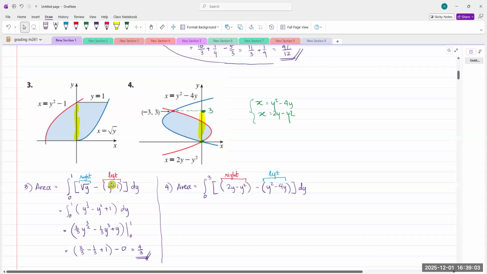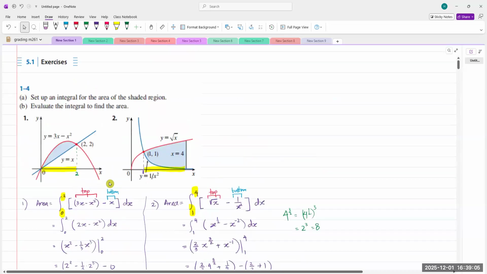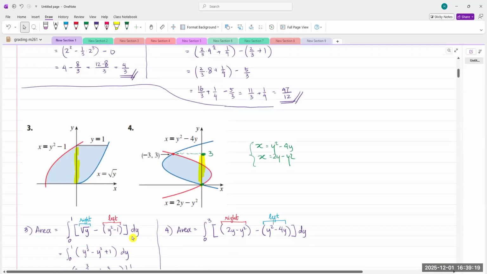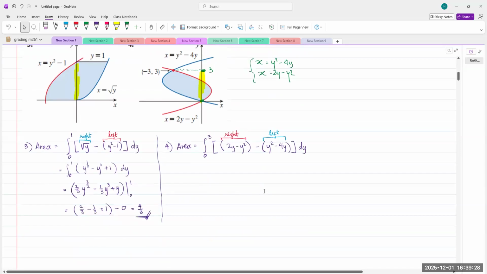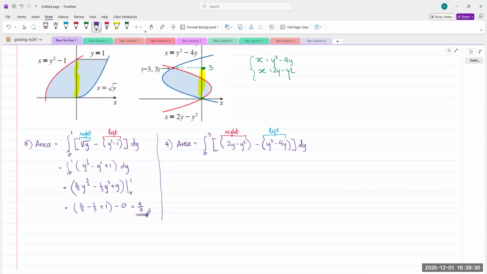When we integrate with respect to x, we use the higher y minus the lower y. But when we integrate with respect to y, the higher x will be on the right hand side, the lower x will be on the left hand side. This will then be the integral from 0 to 3. Let me simplify the expression inside first.